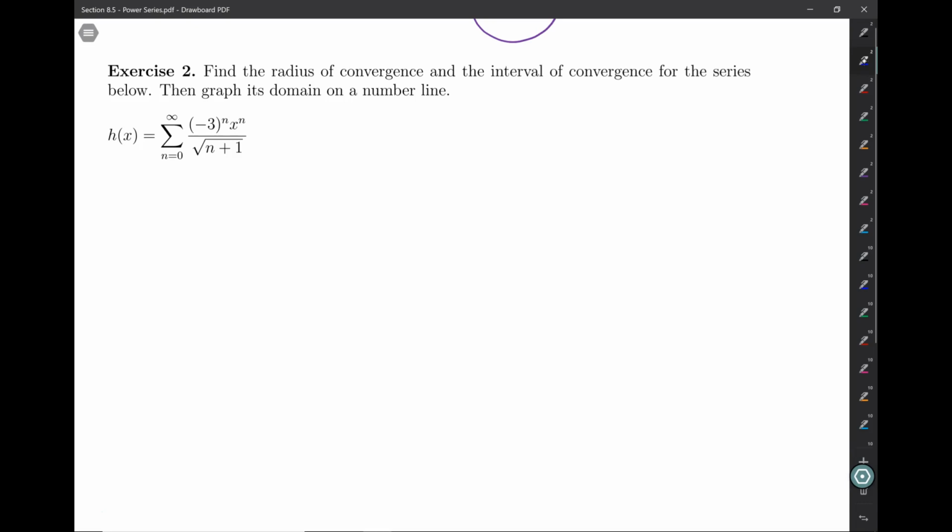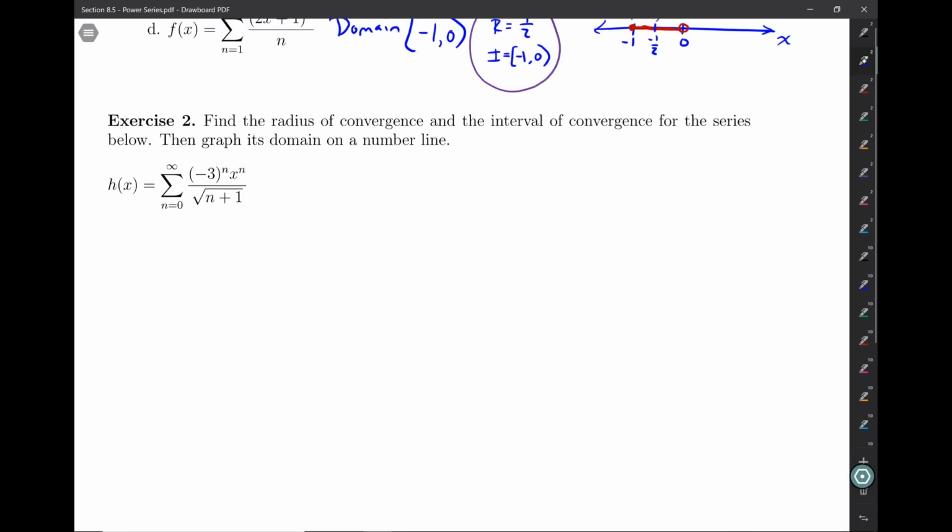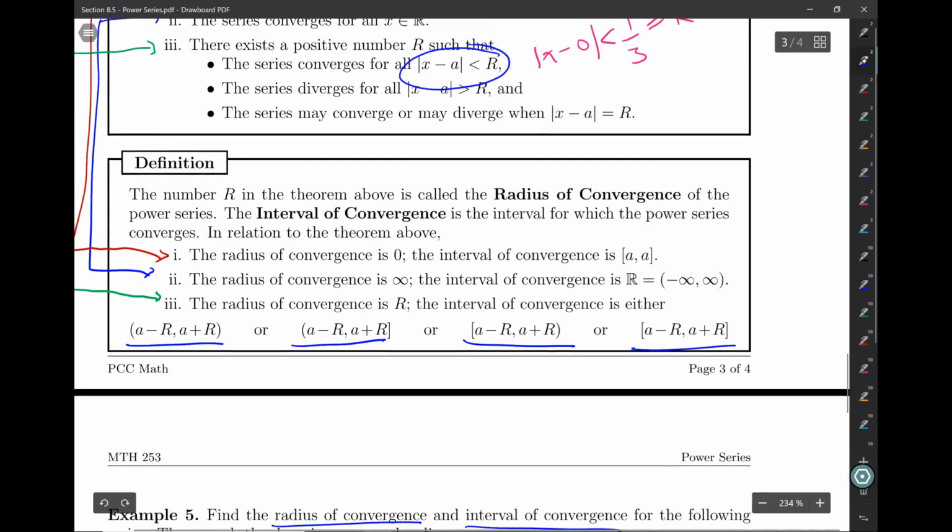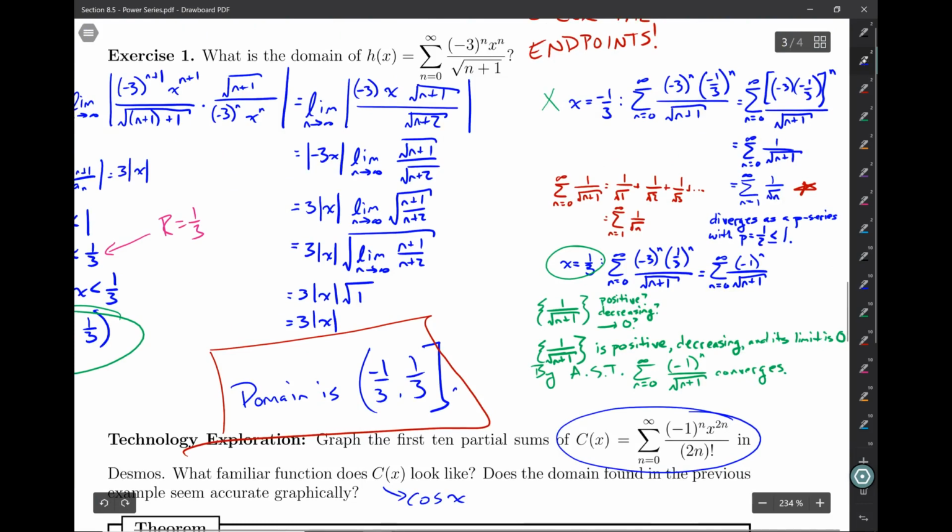Well, normally this particular exercise would take quite a while to go through, but we have spent some time, and we already found the domain. If you're ever asked to find the interval of convergence and the radius of convergence, then you're really just being asked for some specific information about the domain. So you want to find the domain of your particular power series.